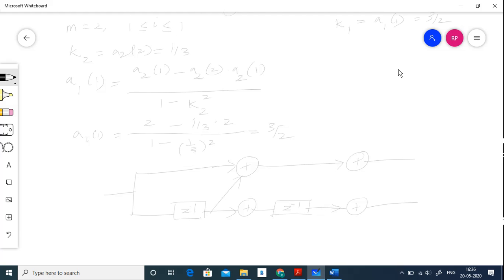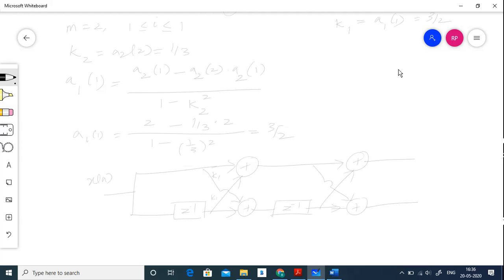So this is how the lattice structure for an FIR filter will look. Here we have constant K1.